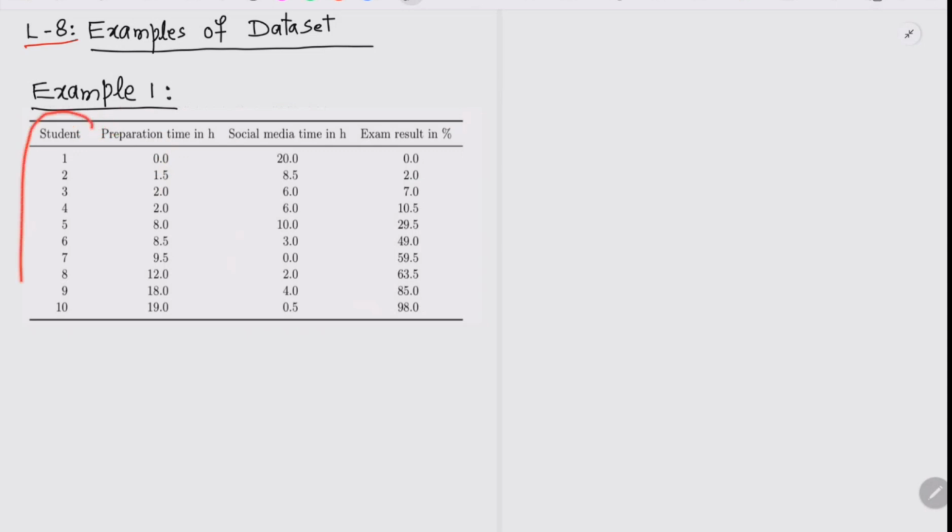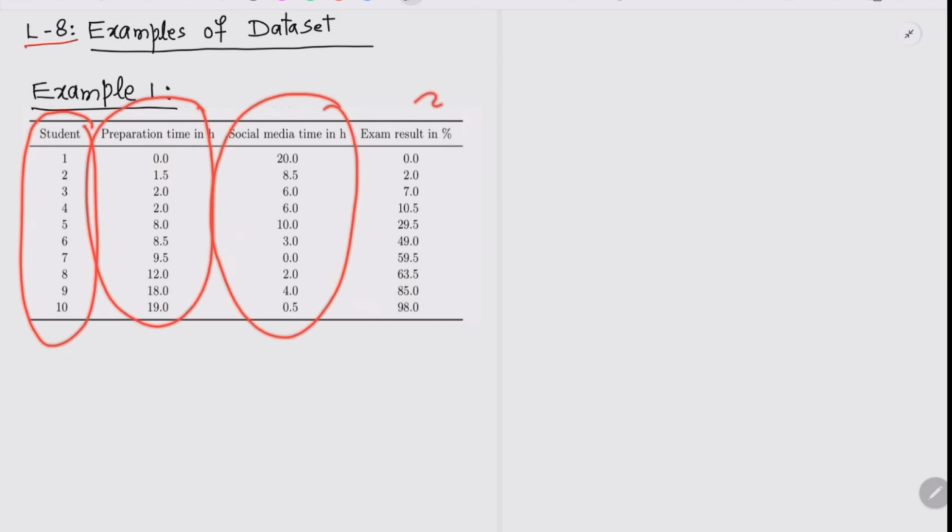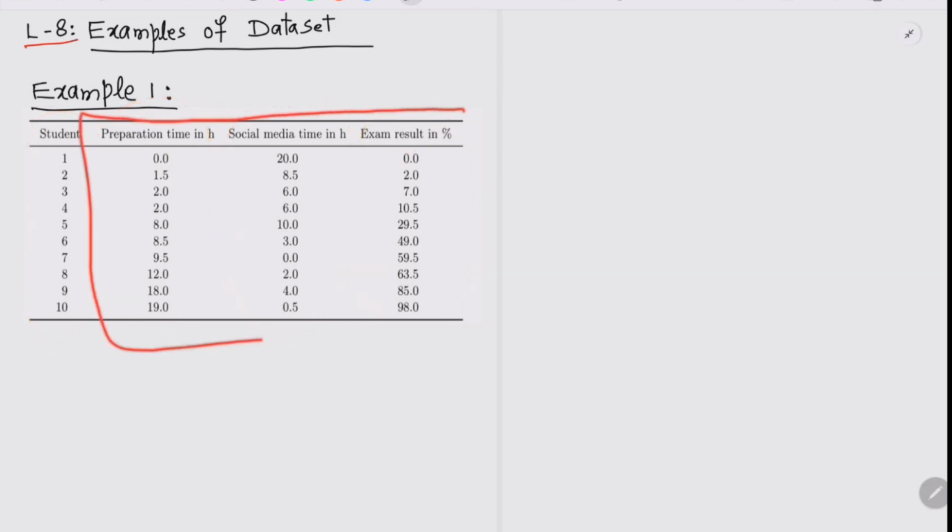Either we include all four columns or we consider only three columns. The answer is that this data can be written as a labeled or an unlabeled data set.